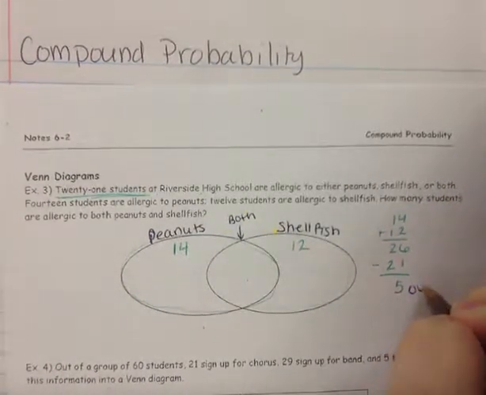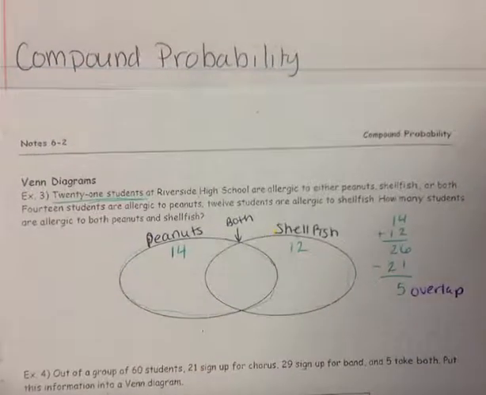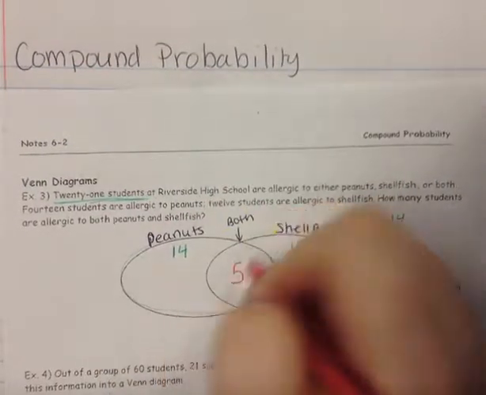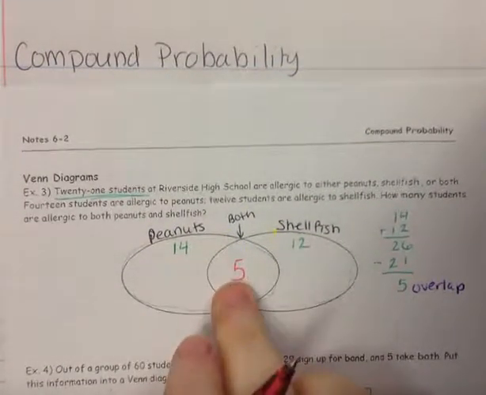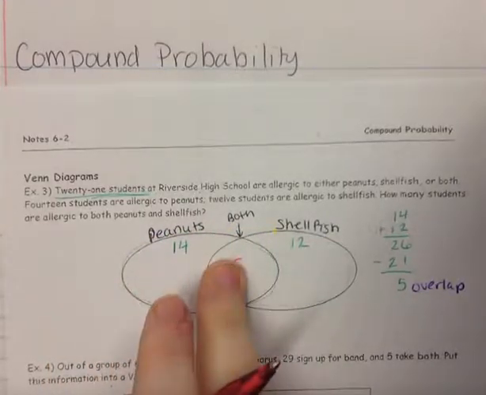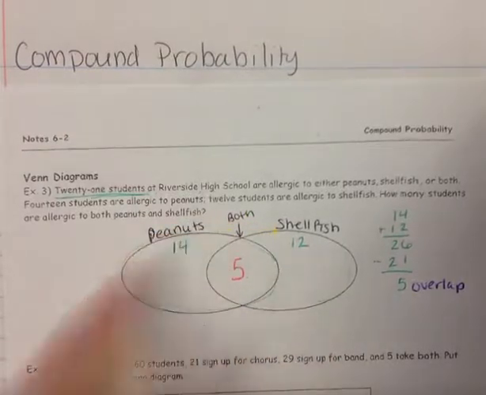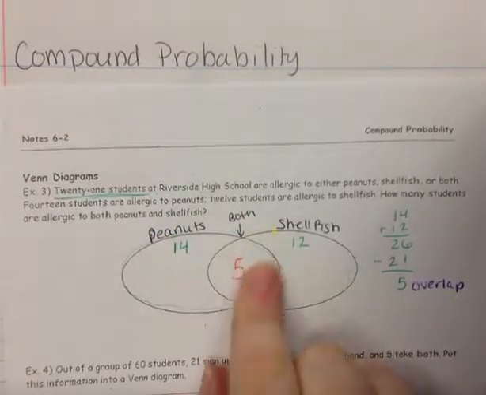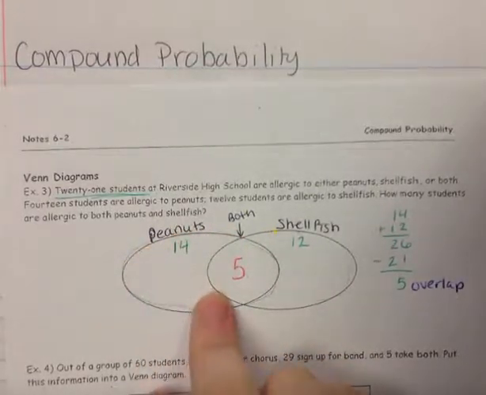5 people overlap. So in this overlap right here, we'll put our 5 people. But now we still have 14 students and another 5. That's 19 students who are allergic to peanuts, but we know that can't be true. This entire thing has to be 14. Well, I already have 5 from here. So how much will be left for this little section?